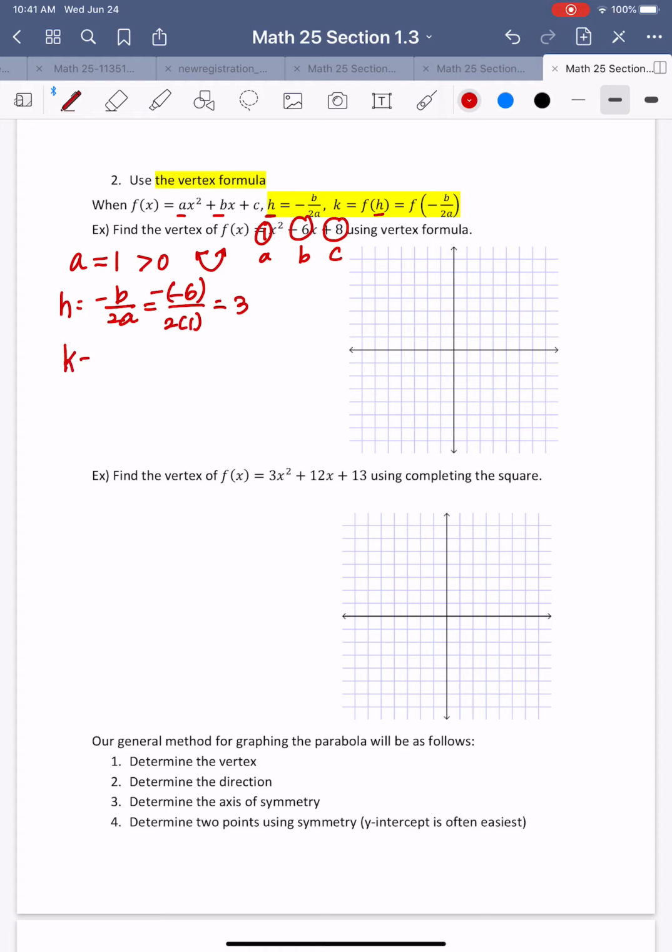And then k is f of 3: 3 squared minus 6 times 3 plus 8, 9 minus 18 plus 8, equal to negative 1. So your vertex is 3 and negative 1.